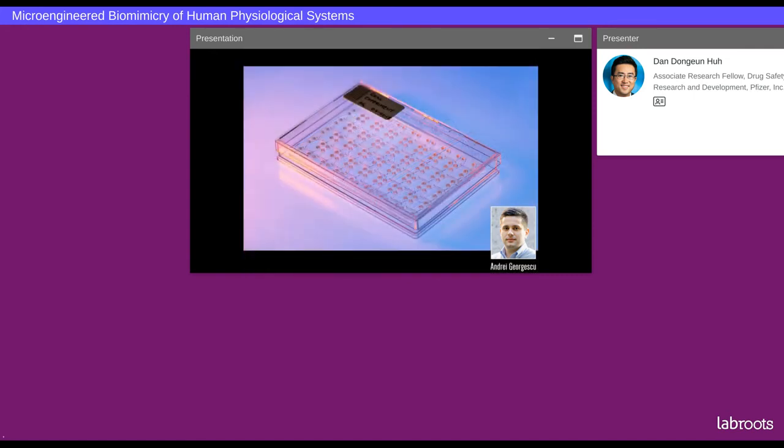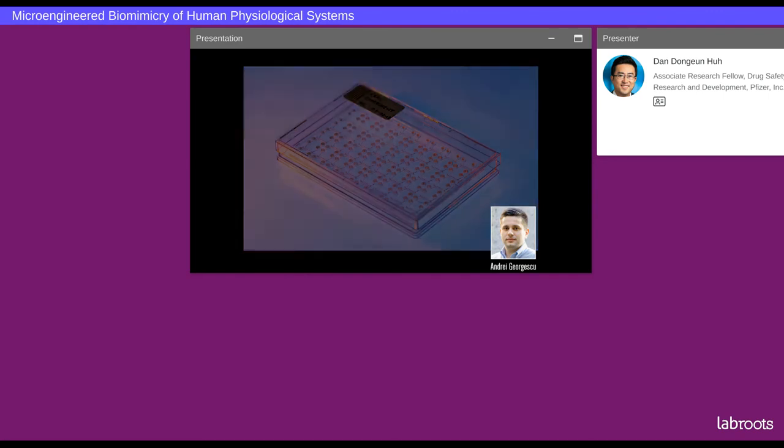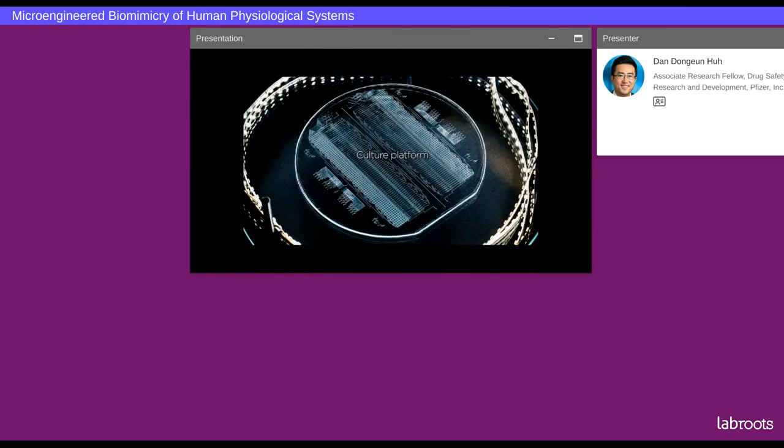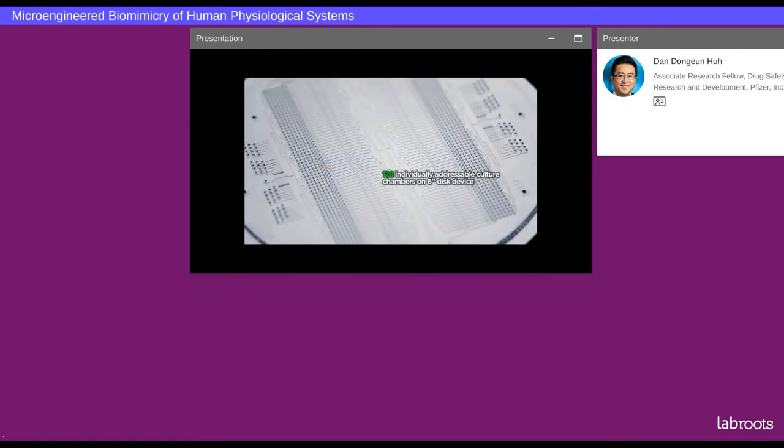We have begun to use these plate devices, each containing tens of replicates. And most recently, we developed this 6-inch wafer-sized device that contains 128 individually addressable cell culture chambers, which are regulated by very sophisticated pneumatic circuits.